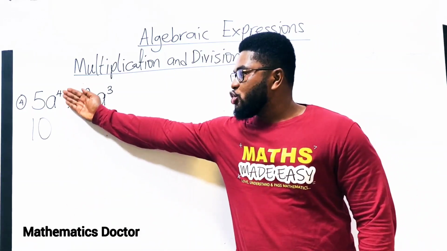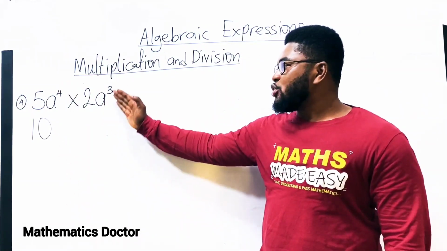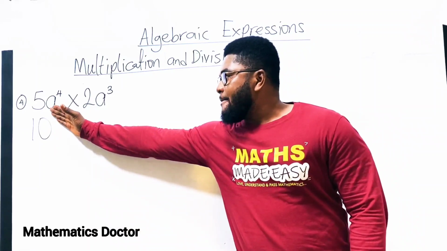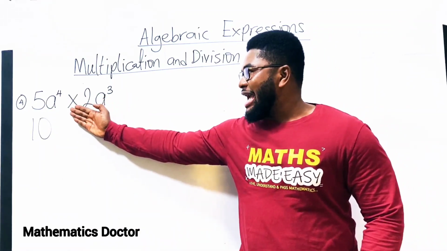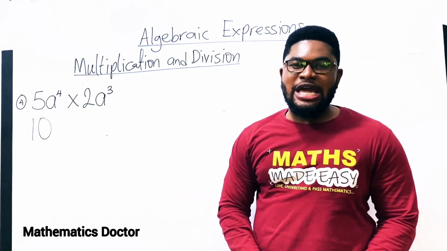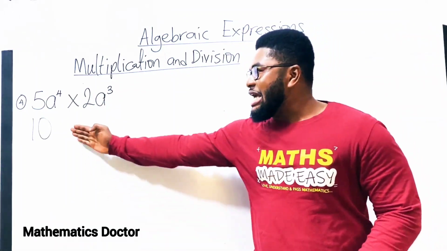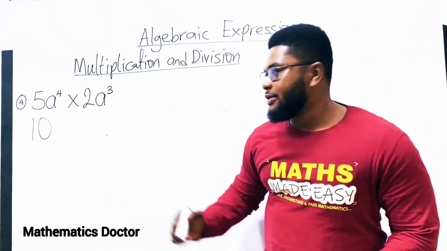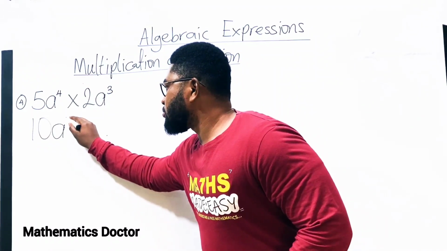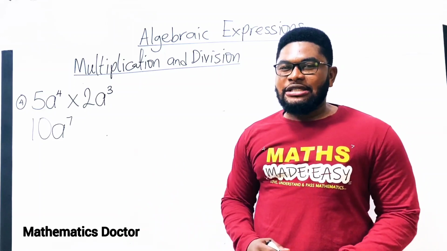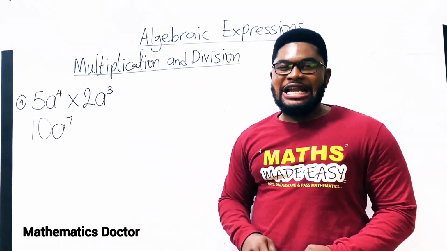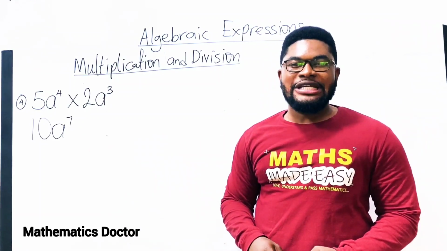We have a to the power 4 and a to the power 3. A power 4 times a power 3. Since they are multiplying, the powers of the variable a will add, giving us a raised to the power 7. So for this matter, the final answer will be 10a raised to the power 7.